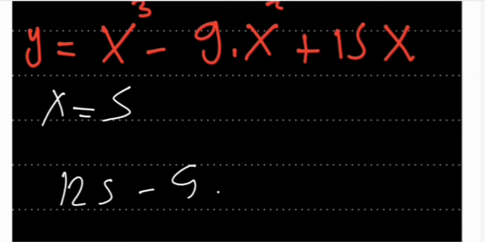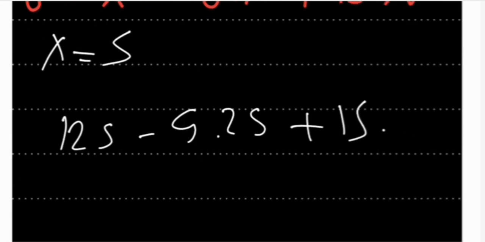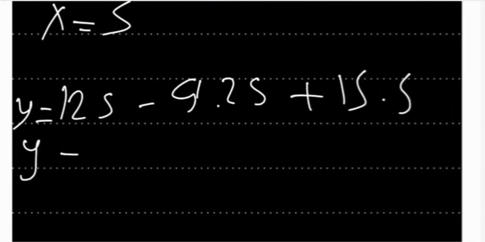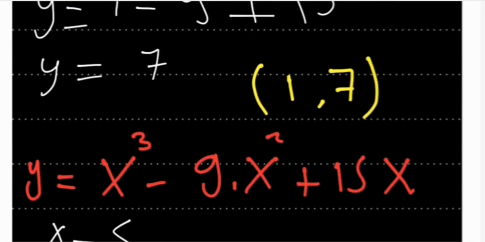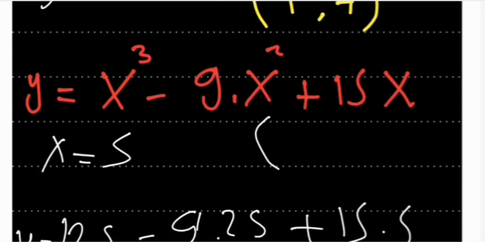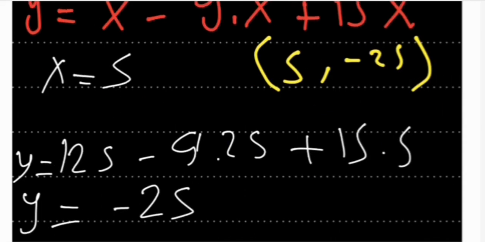Minus 9 multiplied by 25 plus 15 multiplied by 5. So this is the value of y. So y will be equal to minus 25. So our second point, let's write it over here, is 5, and the point will be minus 25. So this is going to be the second minimum, right?